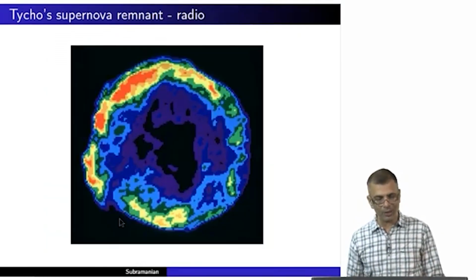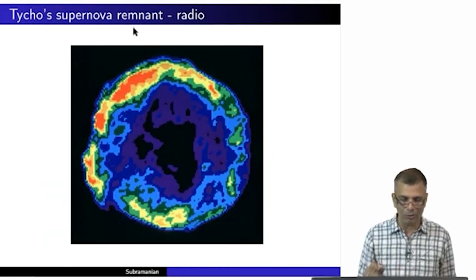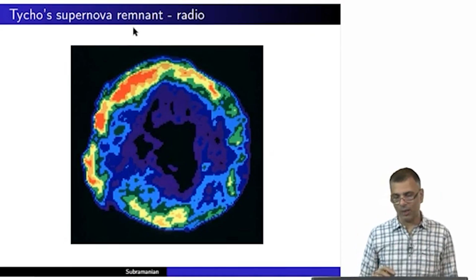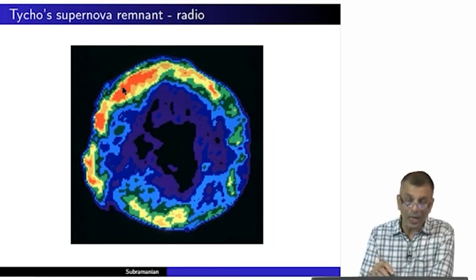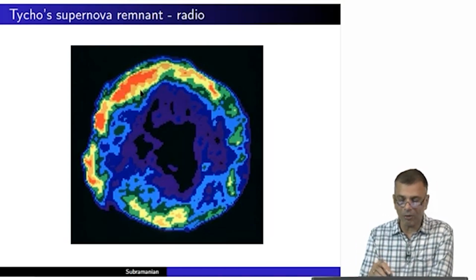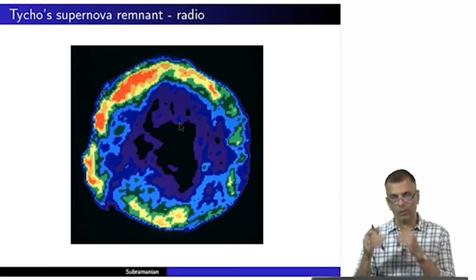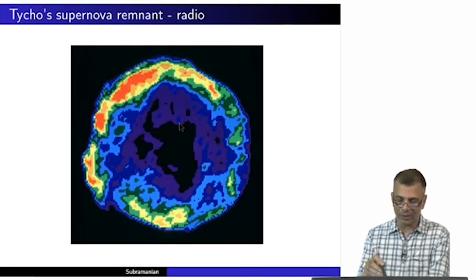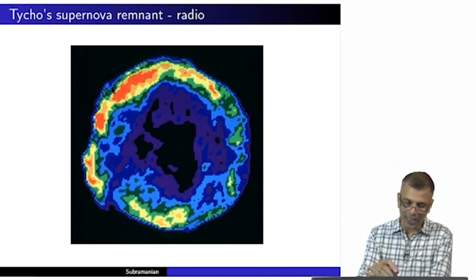And here is another very nice picture of the same object, Tycho supernova remnant, except this is only in radio. Now the color scale is such that red represents highest intensity, yellow represents the next lower level of intensity, and blue and black represent lower intensity. So what this is saying is that at radio wavelengths, this Tycho supernova remnant is brightest at the rims.